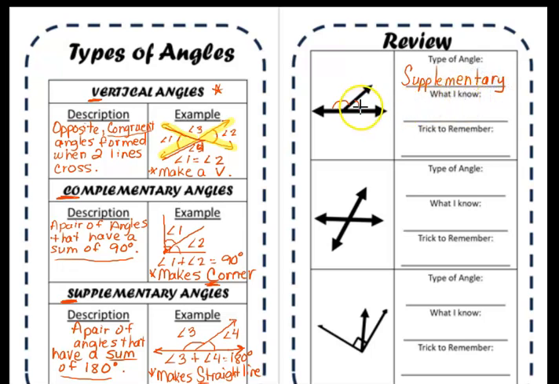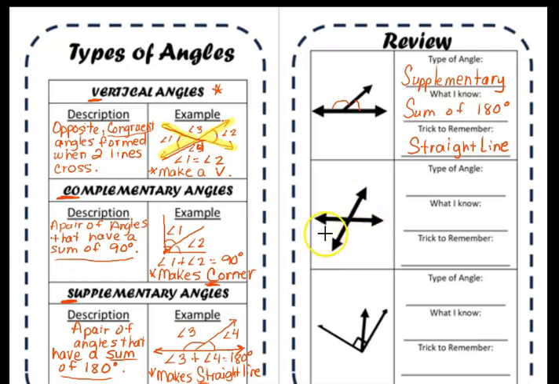What I know about supplementary angles, I go over here, is that those two angles have a sum of 180 degrees. And the trick to remembering that is that they make a straight line, S. Okay?